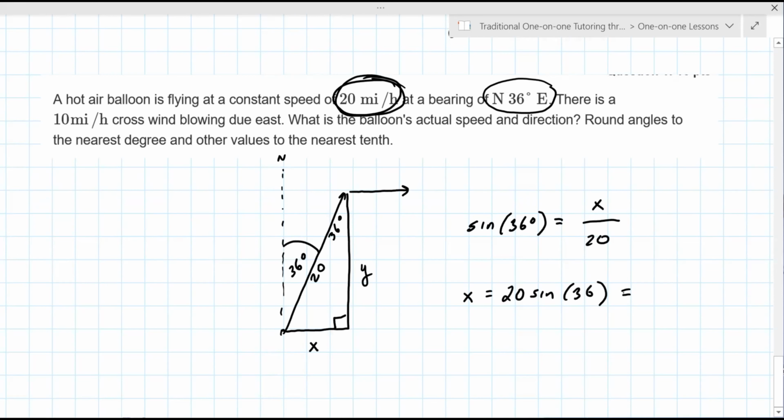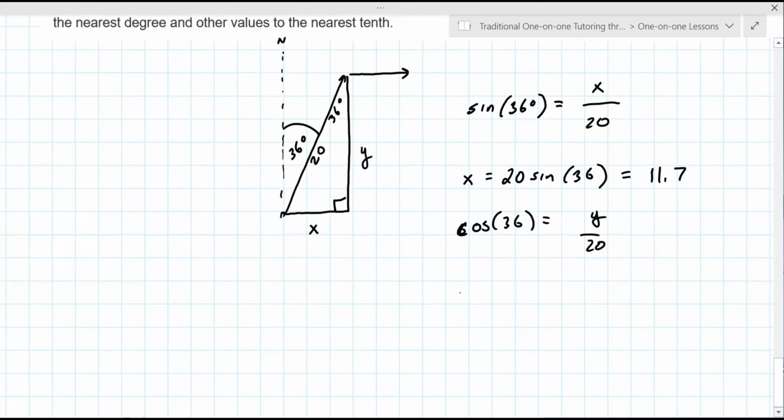Go ahead and get that number, please. 11.7. Okay. Now Y, we're going to get from cosine. So cosine of 36 is Y over 20. So could you solve for Y, please?